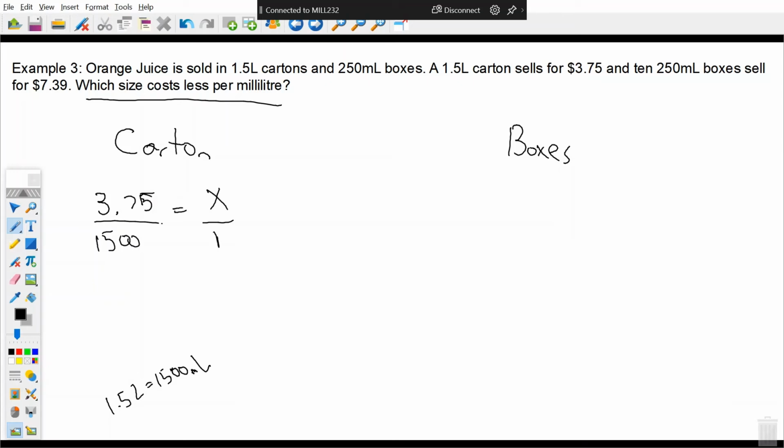Now, when we calculate this with our cross multiplication and divide, we get 3.75 equals 1,500x. When you divide both sides by 1,500, depending on your calculator, I'm getting 2.5 times 10 to the negative 3.